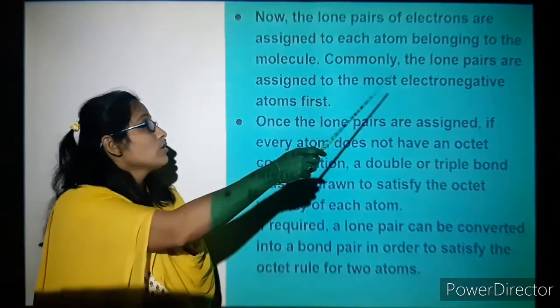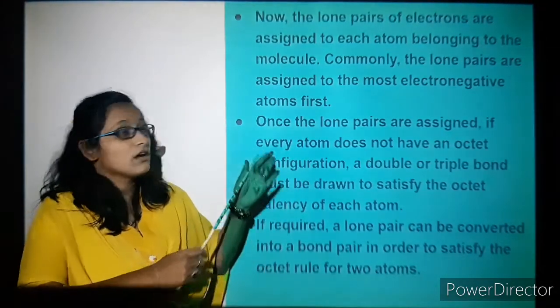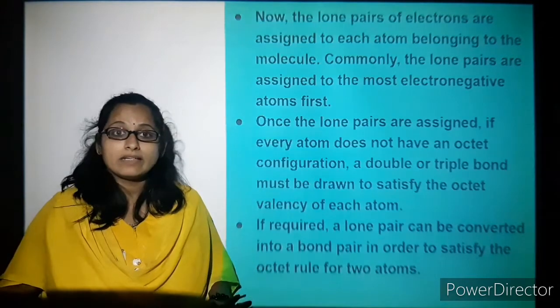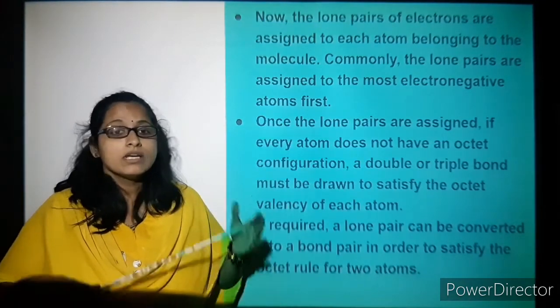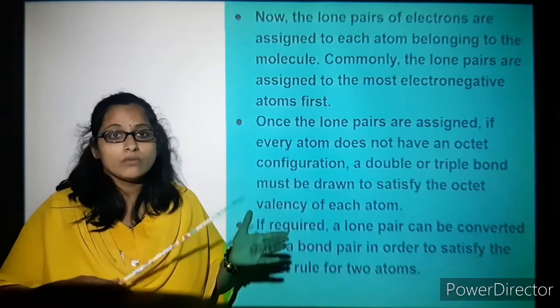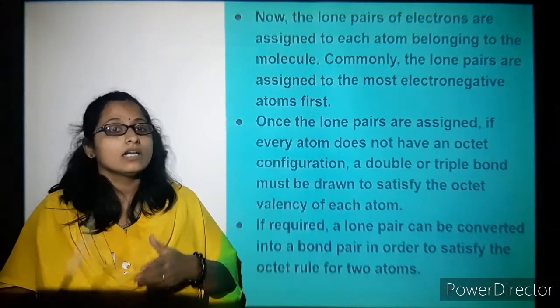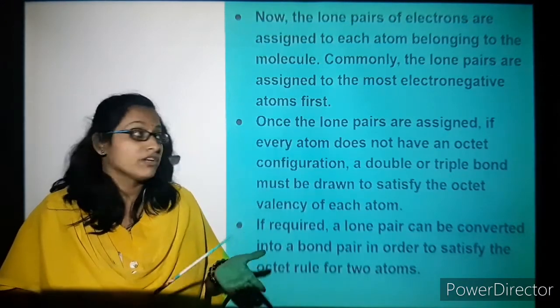Here the lone pairs are assigned to the most electronegative atoms first. Electronegative atoms are going to take the electrons from the electropositive atoms and obtain the octet configuration, that is lone pairs will match up with the other atoms to form the octet configuration.